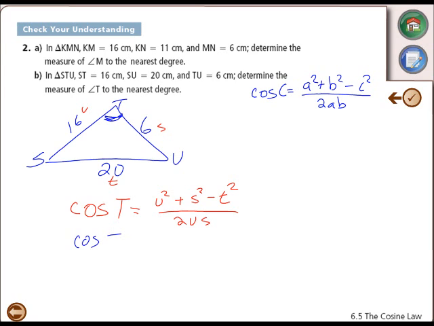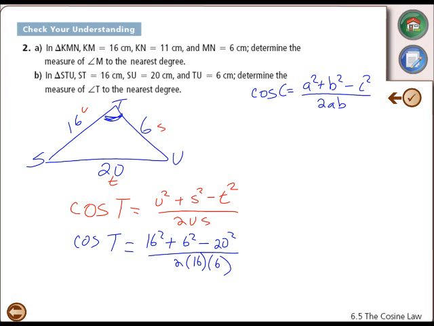Cosine of T equals 16 squared plus 6 squared minus 20 squared over 2 times 16 times 6. You can now punch it straight in.